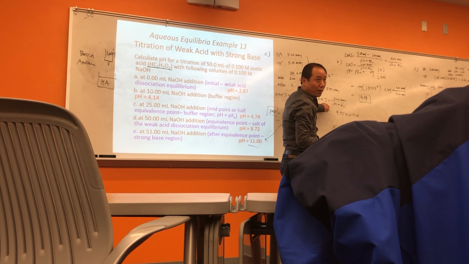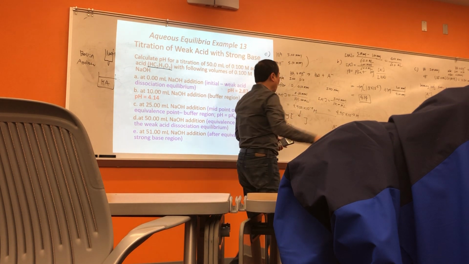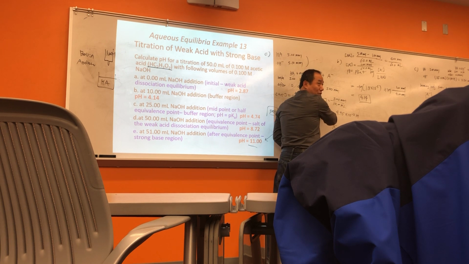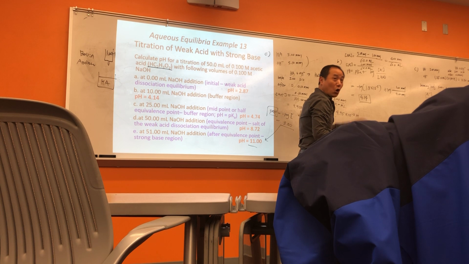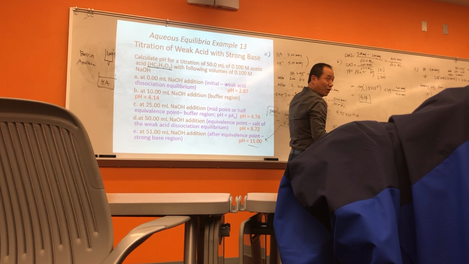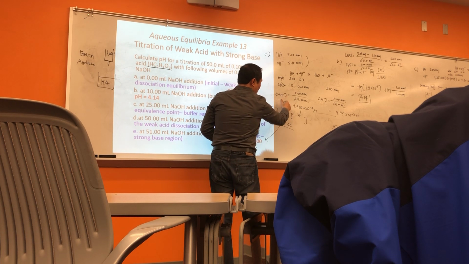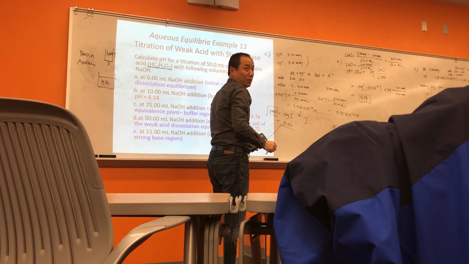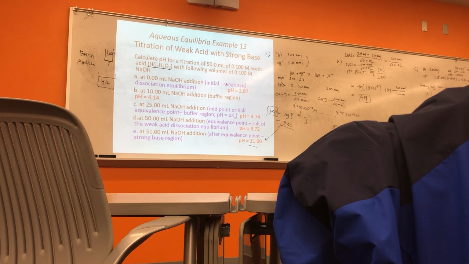So when you face this problem, you can just ignore the weak base. Although you have both, I don't want you to go through all those calculations. Just assume it is negligible compared to the strong base, so just calculate from the strong base only. It's okay to ignore that. We are not going to treat a larger amount of A minus that would be comparable to the strong base. We are not going to do that.